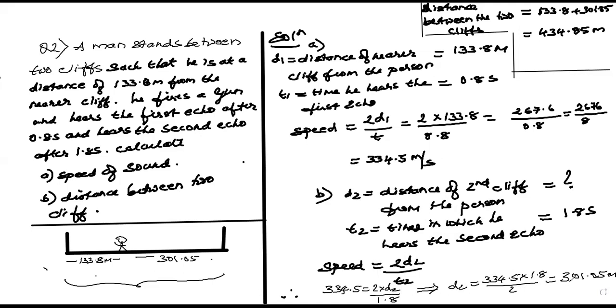When I multiply, I get 301.05 meters. This is the distance of the second cliff from the person. I want the distance between the two cliffs, which should be 133.8 plus 301.05, that is 434.85. Okay, we move on to the next sum now, children.